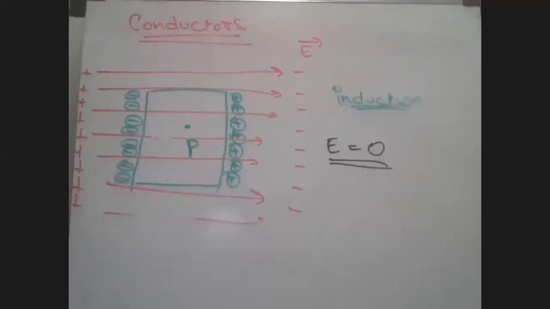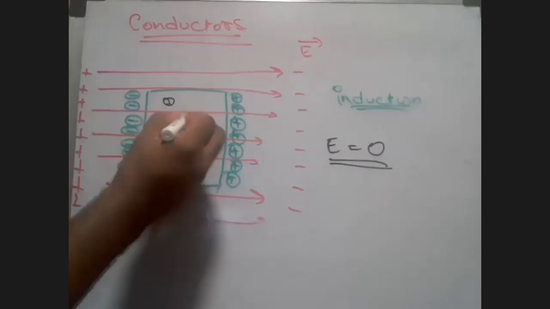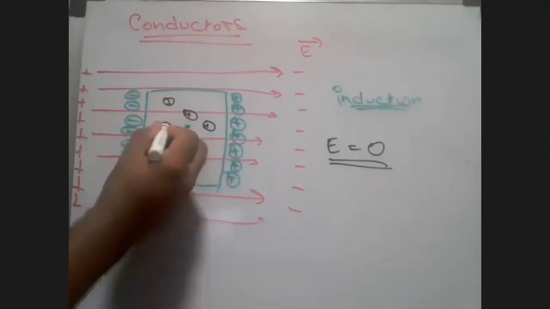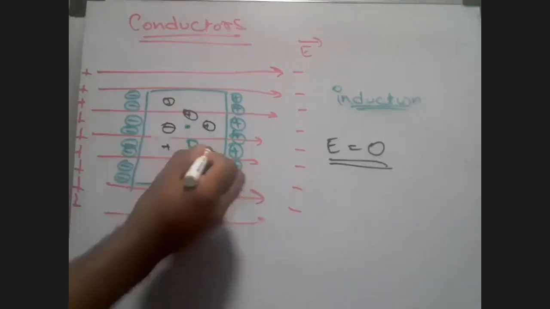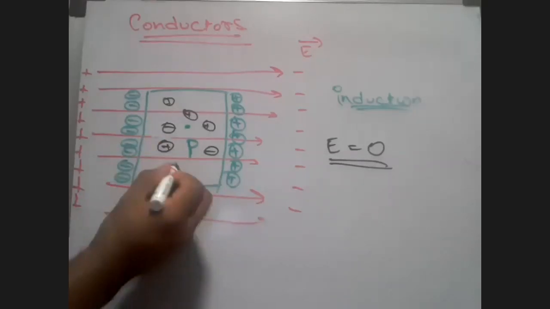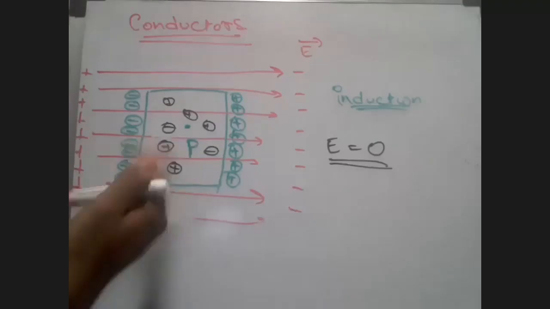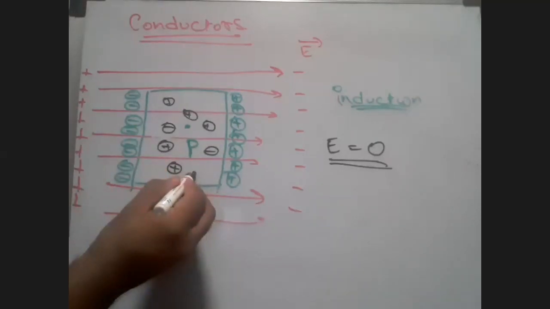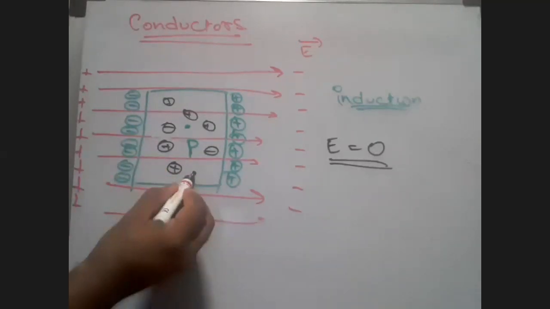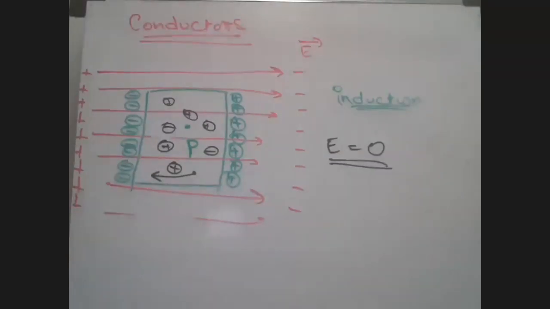There are positive charges and negative charges, and while they are being redistributed, the redistribution is because of the electric field at a point inside the conductor, which is in the opposite direction.